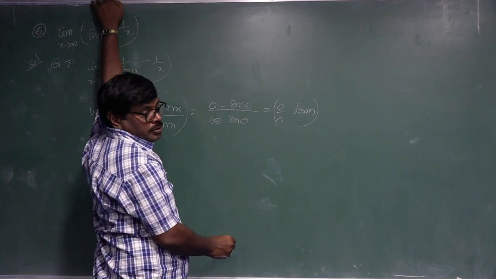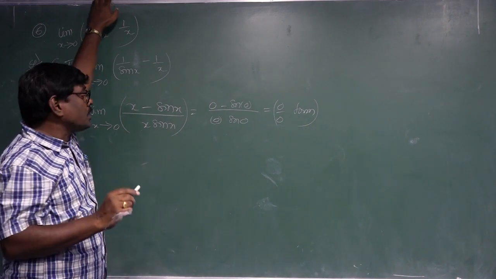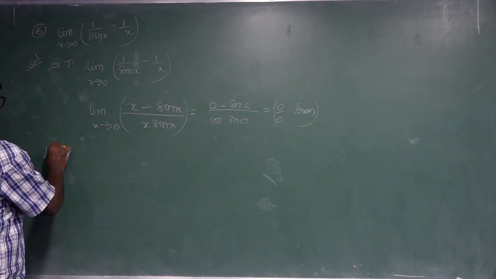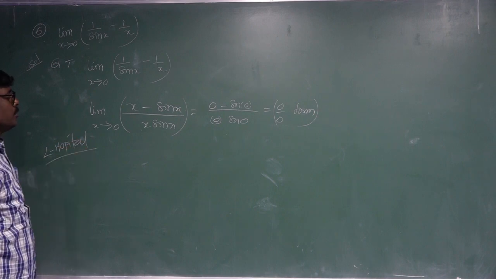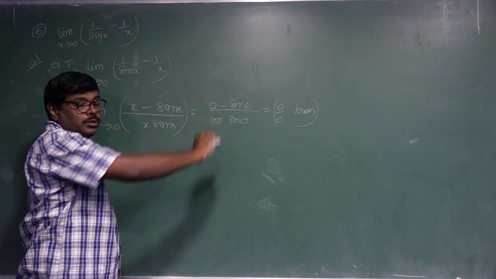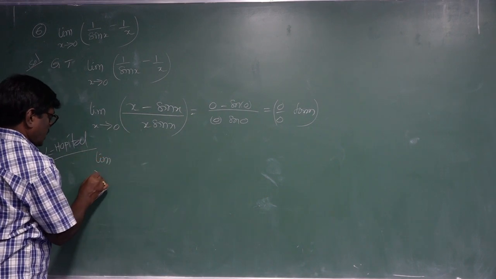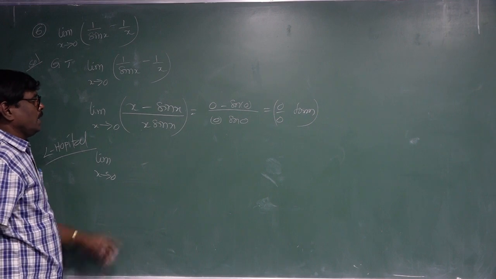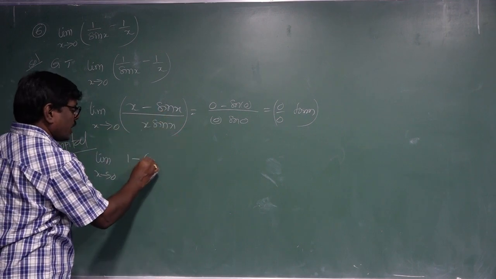Indeterminate form is 0 by 0 or infinity by infinity. Use the L'Hospital rule. L'Hospital rule is numerator derivative by denominator derivative. Limit x tends to 0: x derivative is 1, sin x derivative is cos x.